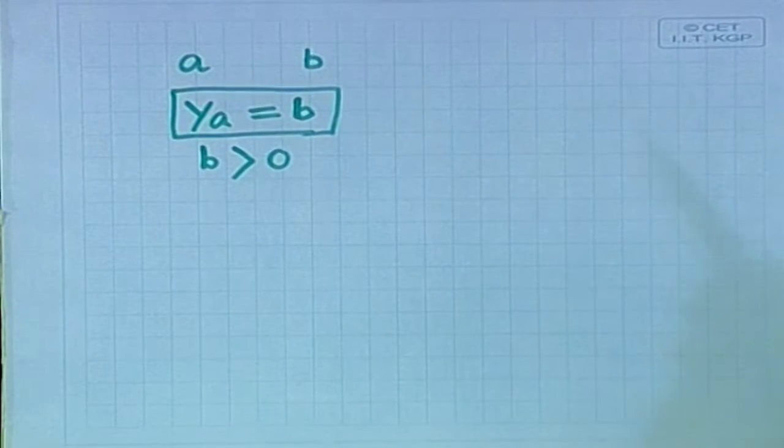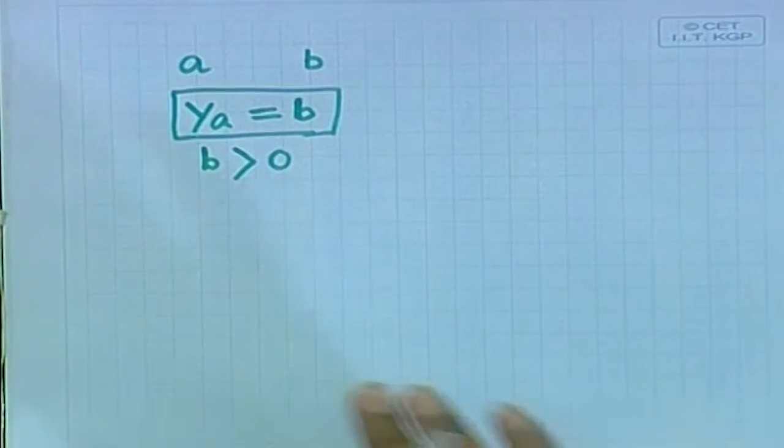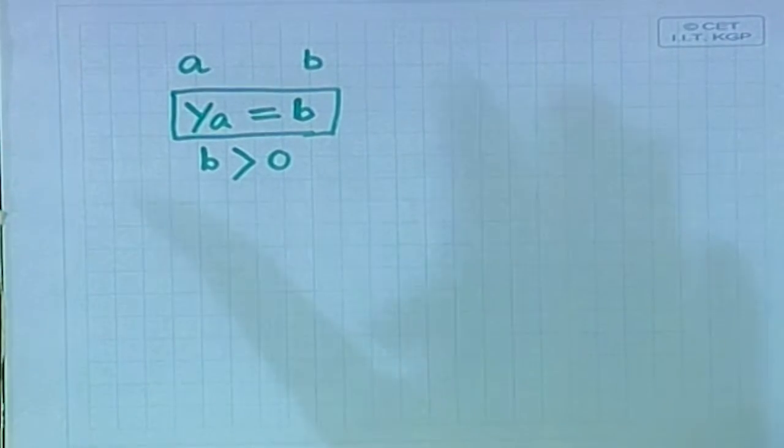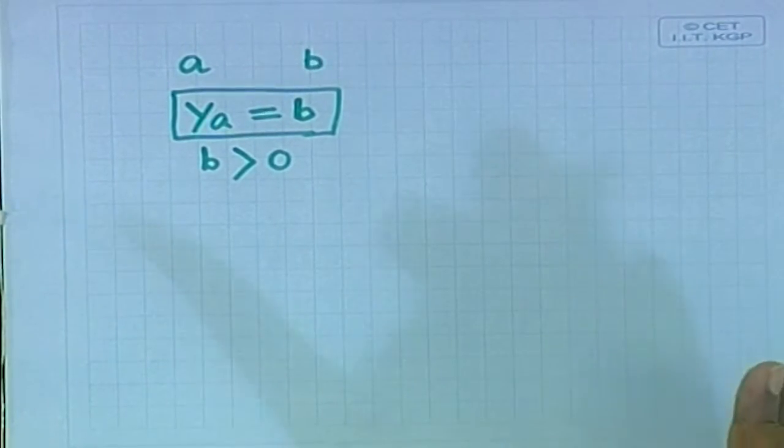That can be satisfied if we start with a B with every component positive, and while modifying B, we allow a component of B only to be incremented, not reduced, because if we allow a component of B to be reduced, there is a possibility that it may come down below 0, which will not satisfy this condition. So, while updating, we always allow increment of B, but we do not allow reduction of B.